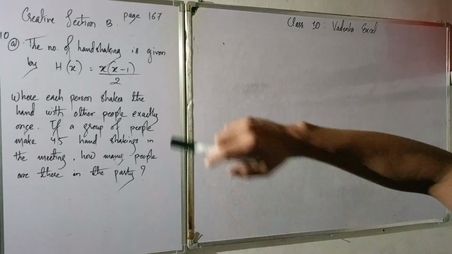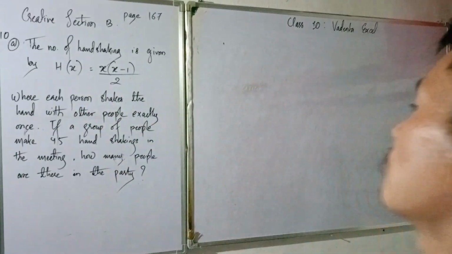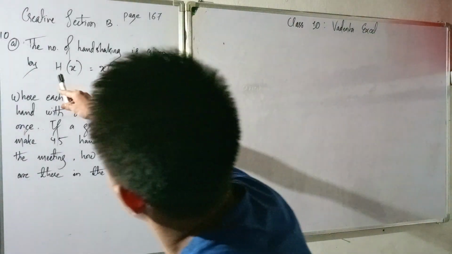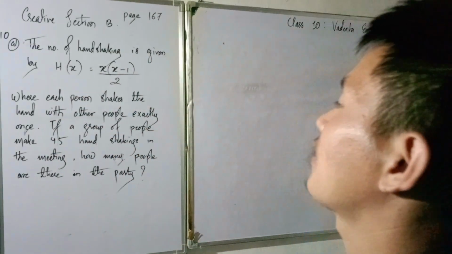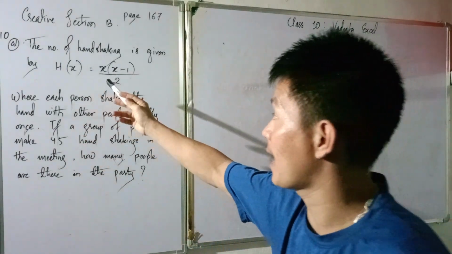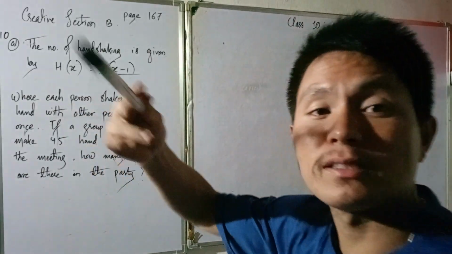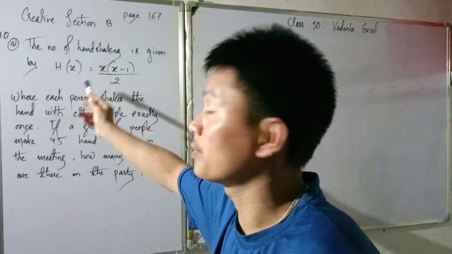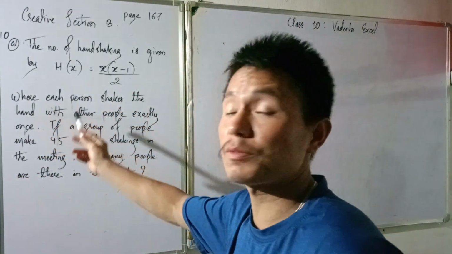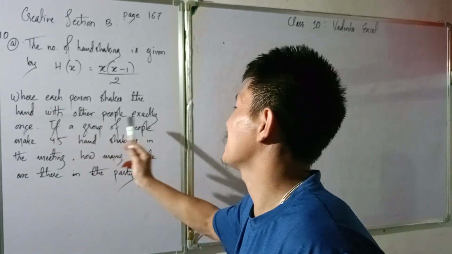The number of handshakings is given by A(x) = x(x minus 1) divided by 2. Here A(x) represents the number of handshakings, and x represents the number of people. Each person shakes hands with other people exactly once.